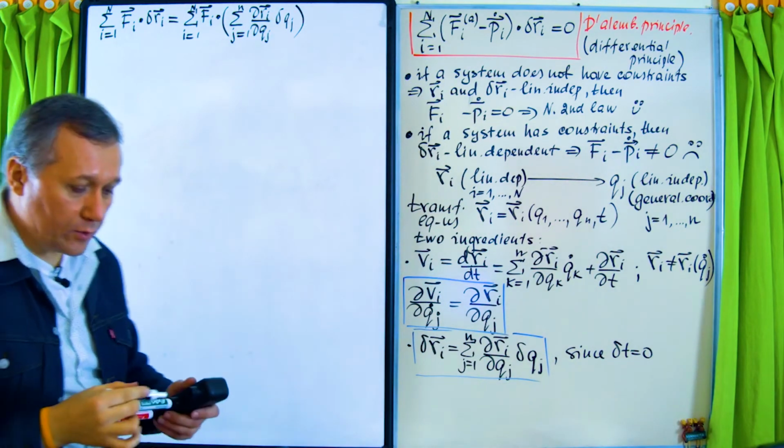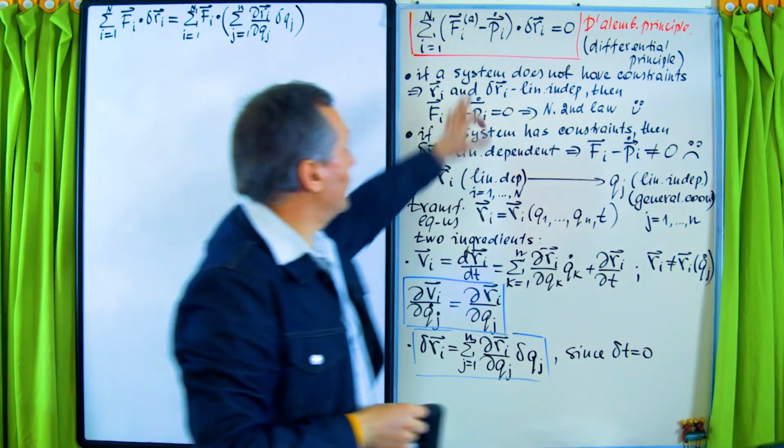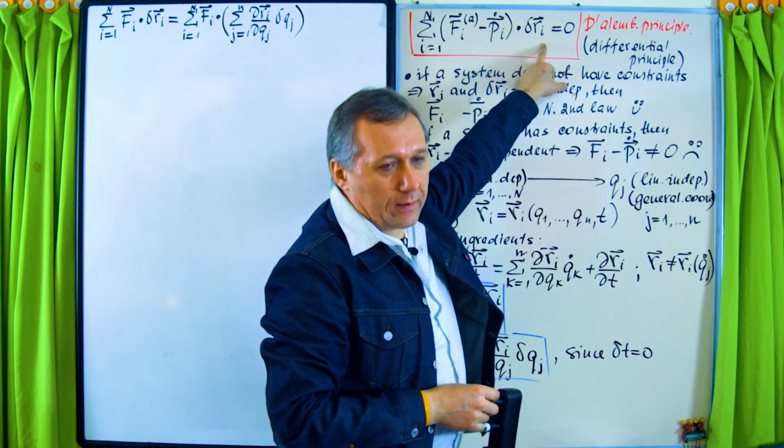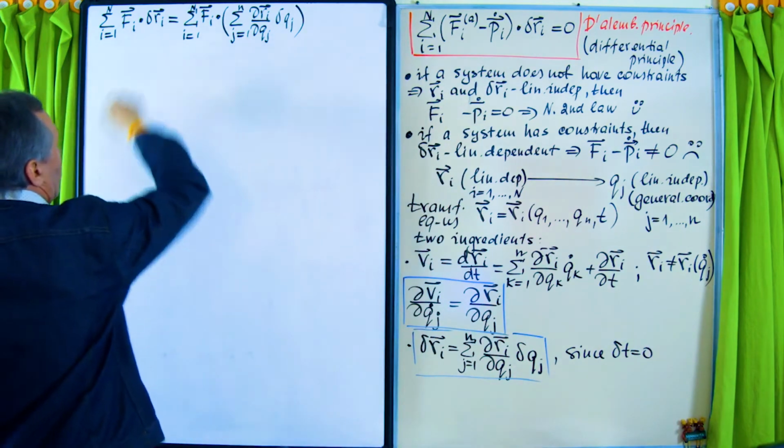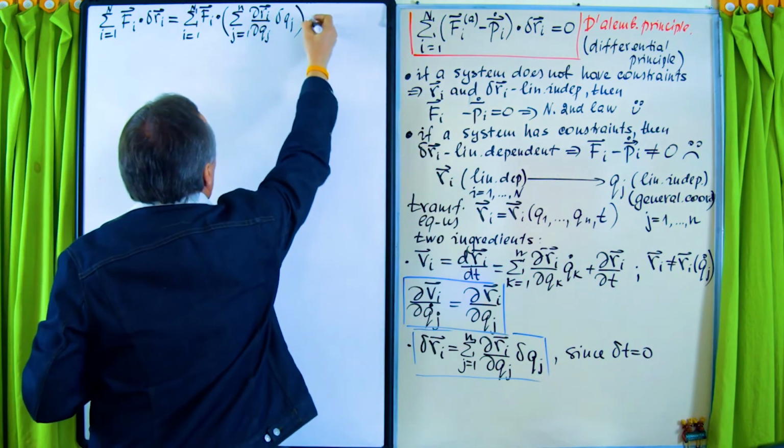Again, you remember the structure which we want to get. We want delta q outside, and of course the summation over j must be outside. So let's take the summation over j outside, and delta q_j outside.